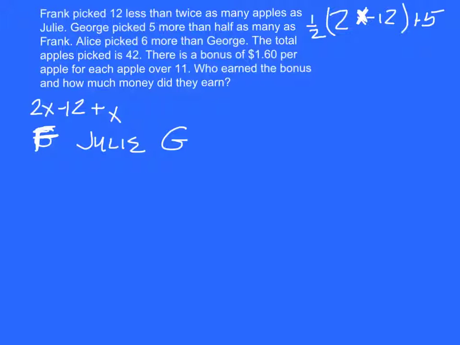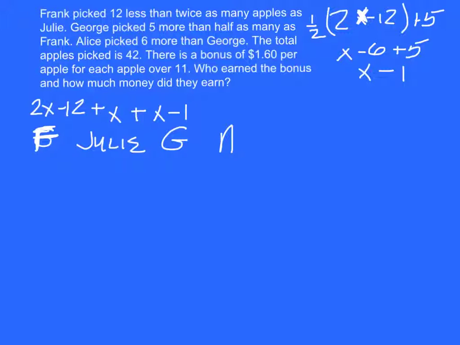Half goes in front. You must distribute the 1/2 through the 2x minus 12. So half of 2x is simply x. Half of minus 12 is how much? Minus 6. Then we have plus 5. What is negative 6 plus 5? Yeah, it'd be negative 1. So we'll put in x minus 1 for George.